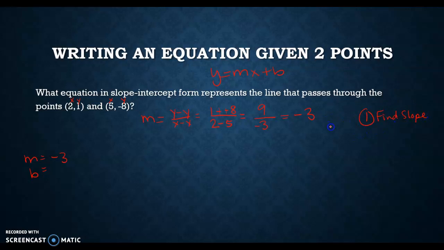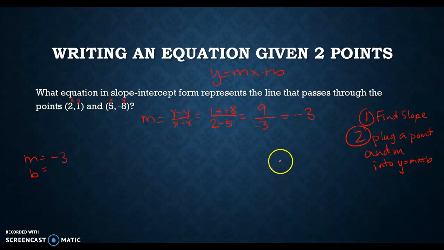Ta-da, did it. Number 2, and I would follow these steps. If you're not writing these steps, I would write them. We're going to plug a point, doesn't matter which one, and m into y equals mx plus b.